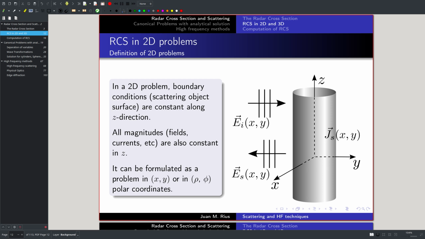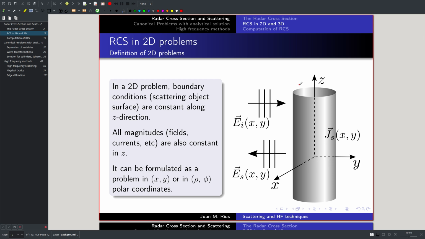Remember that you did, for example, in practical project 2, you did the analysis of two-dimensional objects, that is objects that only depend on x and y coordinates. So we can compute the two-dimensional RCS in a similar way. I just remind you here in this slide of the definition of two-dimensional problems.